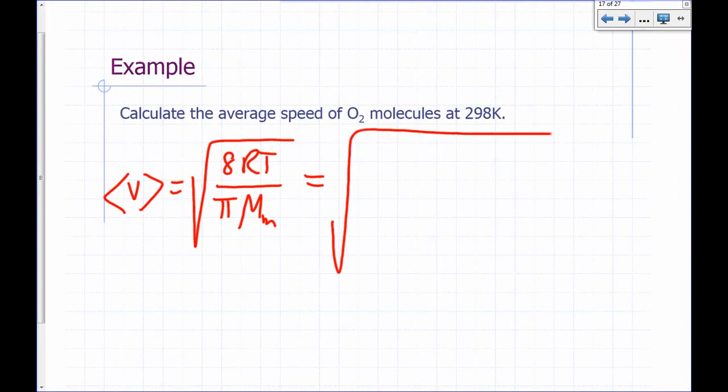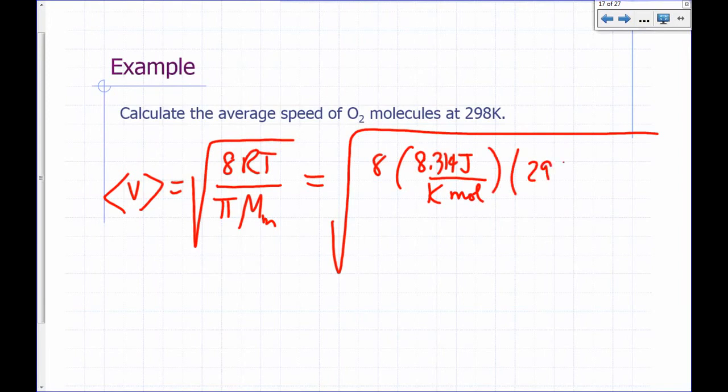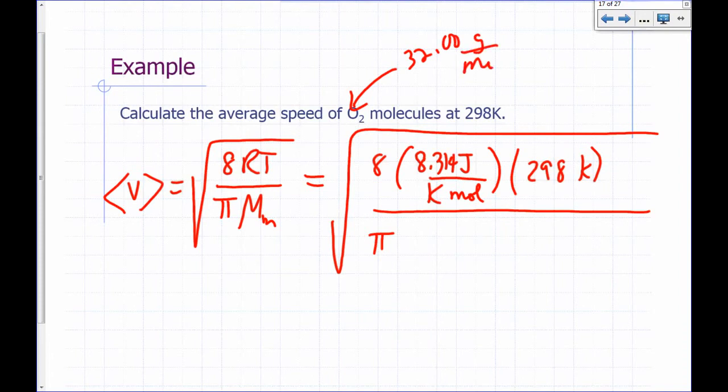So this is going to be equal to 8 times, and the best way to do this is to put everything in the base SI units, so 8.314 joules per Kelvin per mole, and our temperature is 298 Kelvin, divided by pi, which has no unit. Molar mass of O2 is 32 grams per mole. But you have to put that in kilograms. So 32.00, let's put that in grams per mole first.